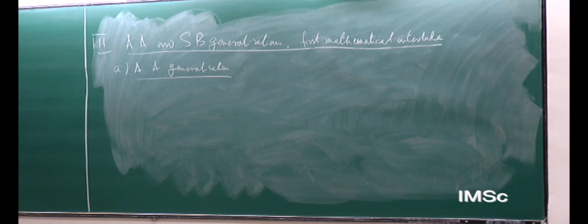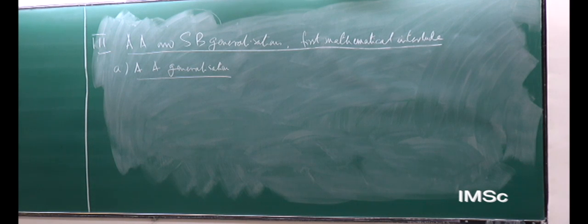Then he assumed the adiabatic hypothesis, supplemented with non-degeneracy, non-crossing, as always. Next, he assumed the cyclic condition on the Hamiltonian operator. Okay? H of capital T equals H at time 0. And then he asked the question, what happens to the solutions to the Schrodinger equation in the adiabatic approximation?